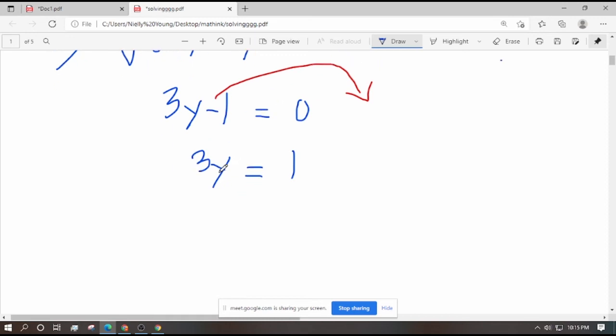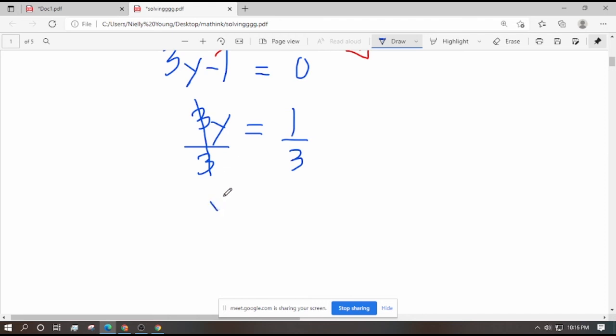So, for only y to remain, divide by 3, the number beside y. So, divide by 3, and also divide this side by 3. Whatever you divide on the left side, do the same on the right side. Okay? So, their denominators now are 3. And then 3 divided by 3 is equal to 1. So, you cross out the 3 and 3.